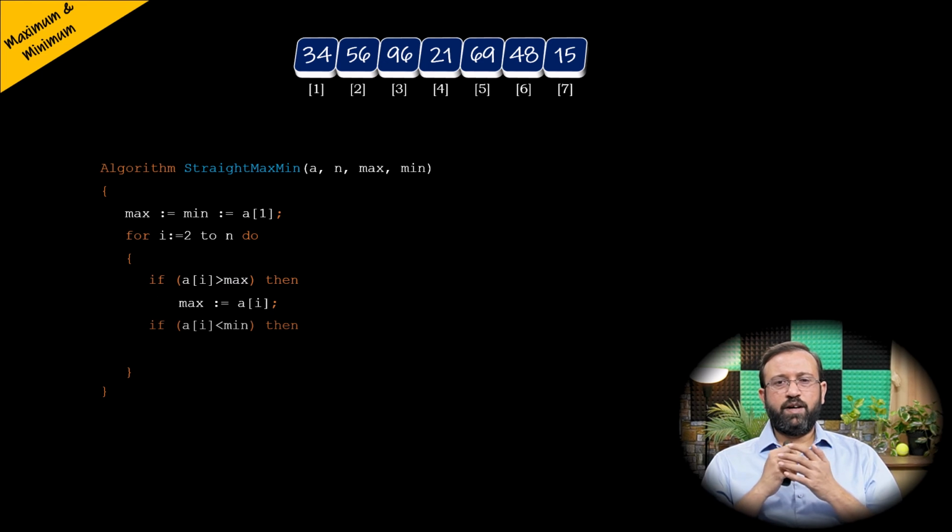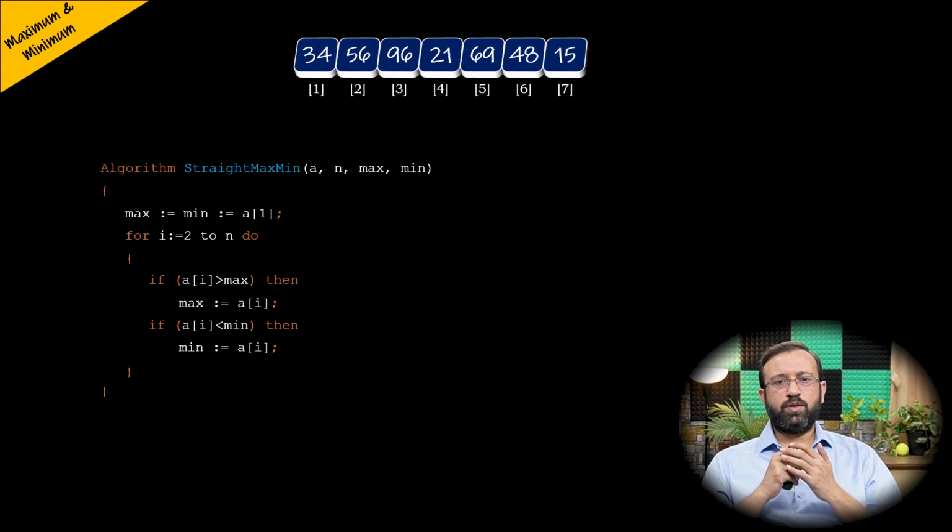Then we have another if statement with the condition A of I less than min. If this is true, that means the element at index I is smaller than min. So we assign A of I to min, making the element A of I the minimum element. So this is the straightforward and simple algorithm to find the maximum and minimum elements.